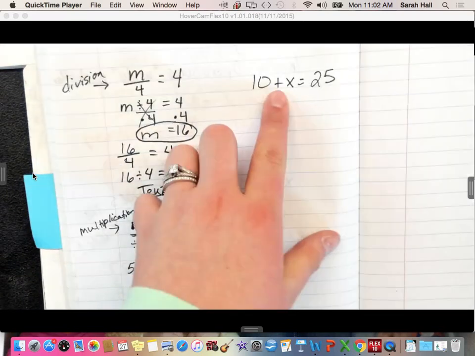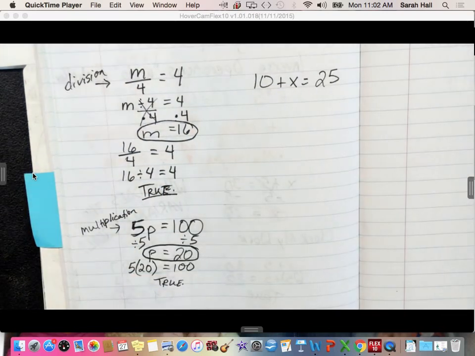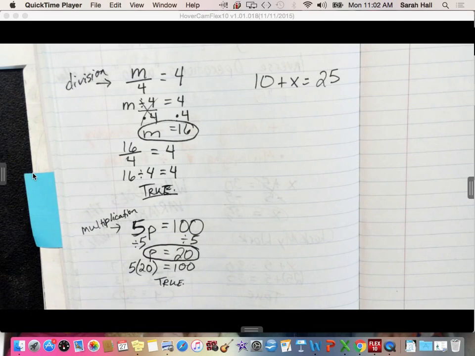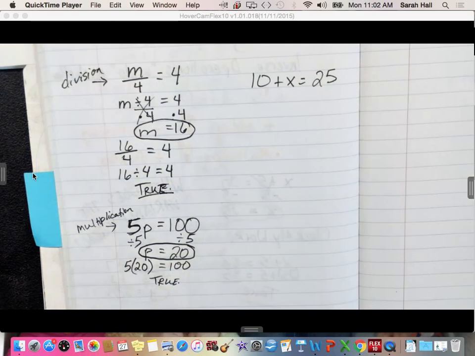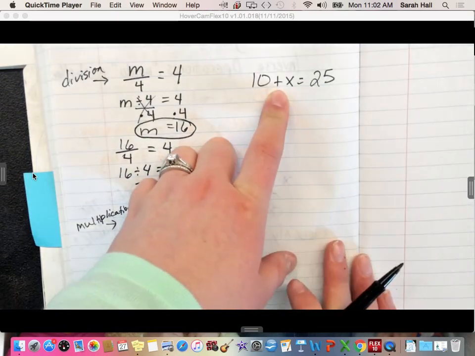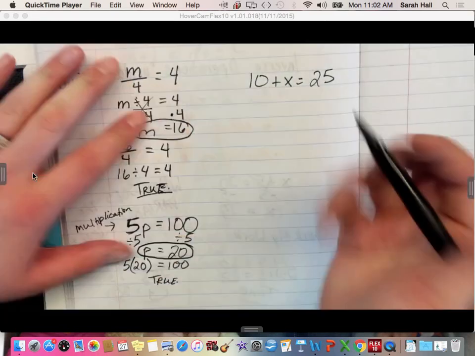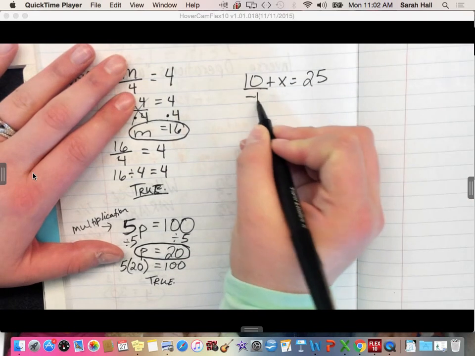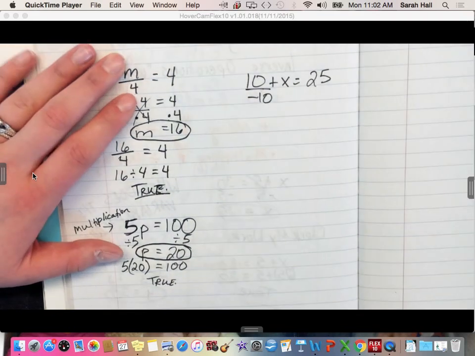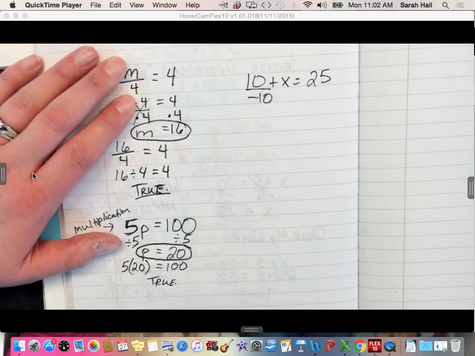Jose, what operation do you see happening between the x and the 10? Is it adding, subtracting, multiplying, or dividing? Right here. It's adding. So even though that addition sign comes after, that's okay. I want you to subtract 10. Okay? Subtract 10.